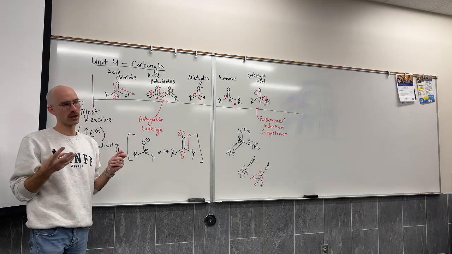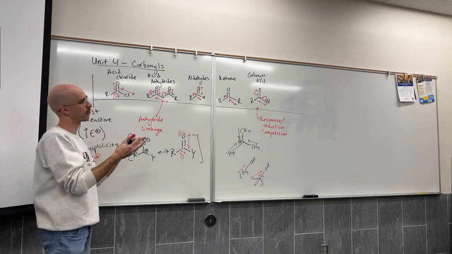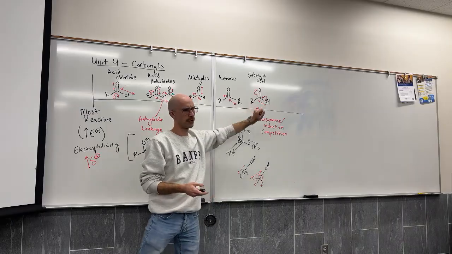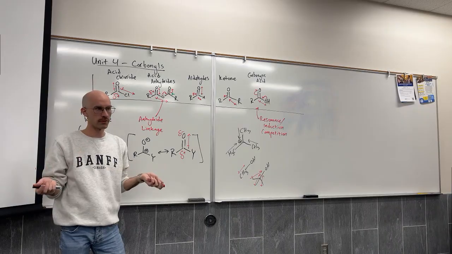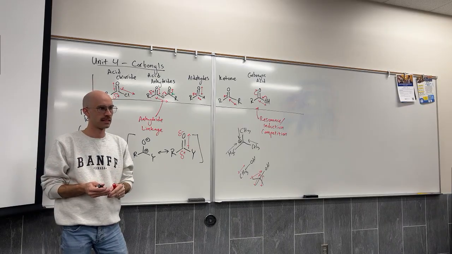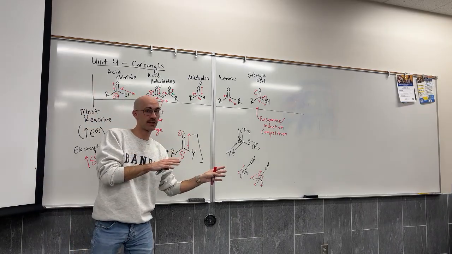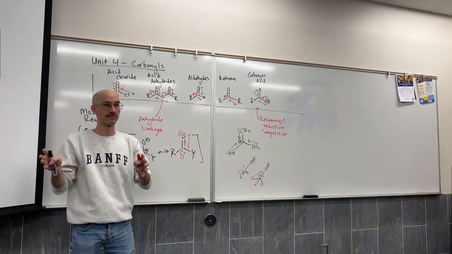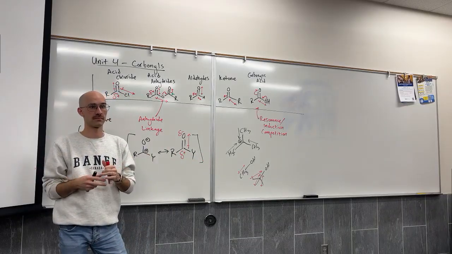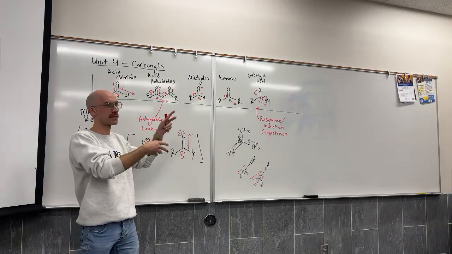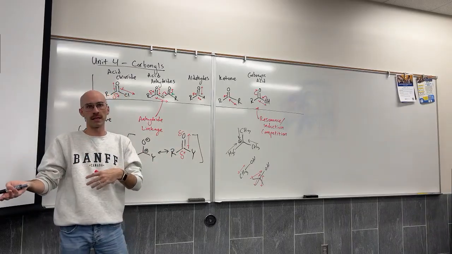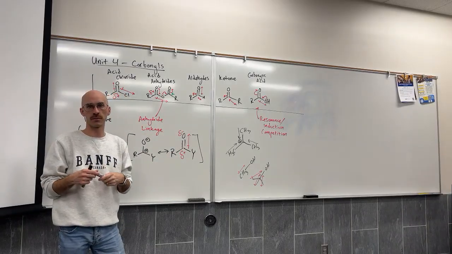So, quick question, what is the hybridization of the oxygen of the carboxyl group? General chemistry would tell us sp3. The fact that it's engaging in resonance tells us sp2. You can't engage in resonance if you do not have a p orbital to participate with.